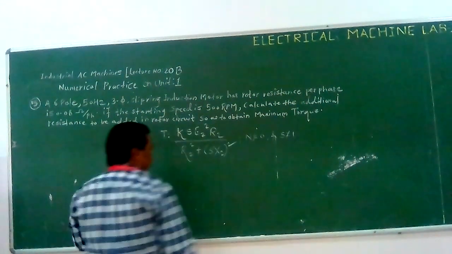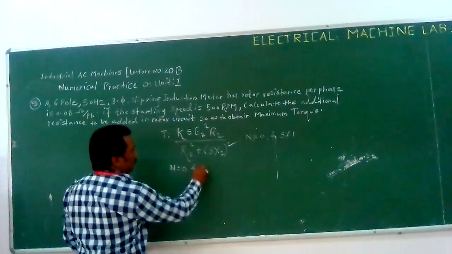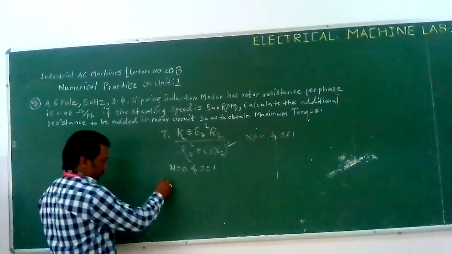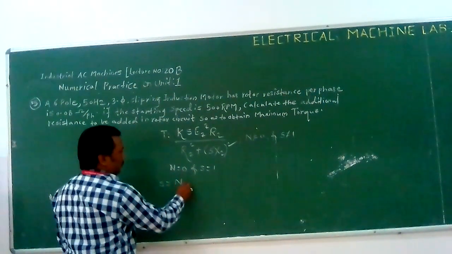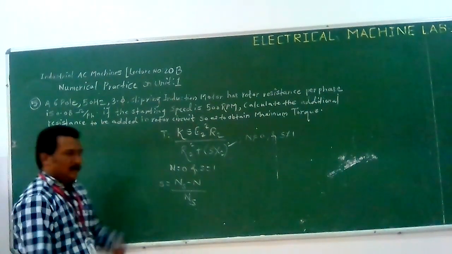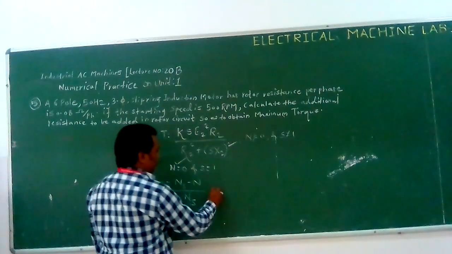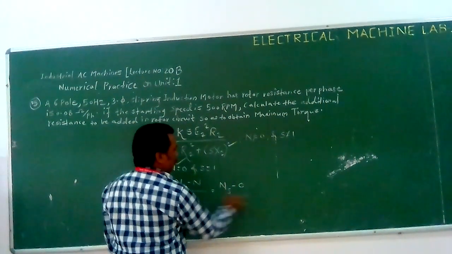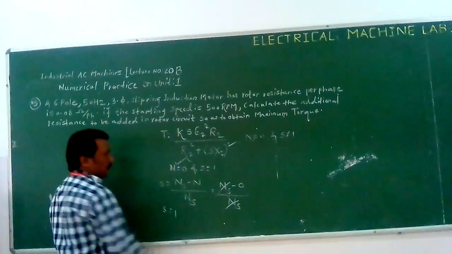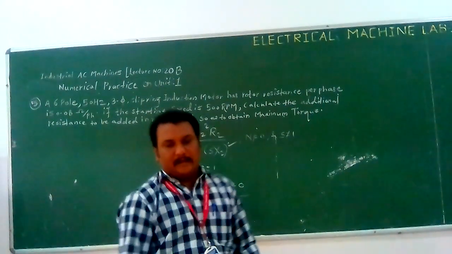But at a standstill condition, N is equal to 0 and slip is equal to 1. How is that possible? We know the slip formula is (Ns minus N) upon Ns. At standstill N is 0, then Ns minus 0 upon Ns will be 1. Then S will be 1. Means at standstill, N is equal to 0 and S is equal to 1.